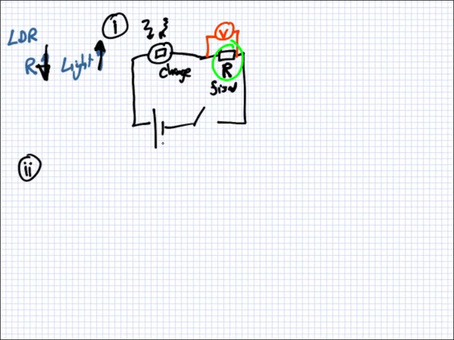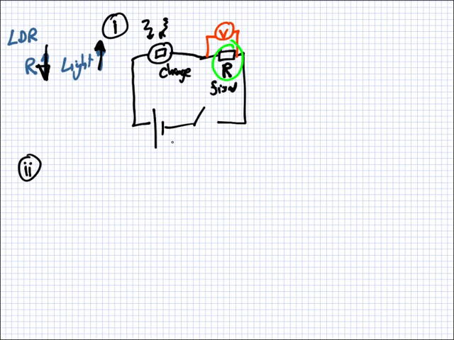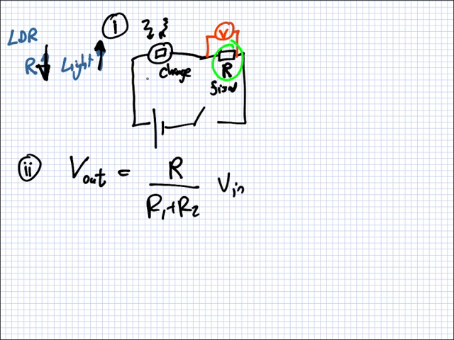So, let me just call this here. You remember your formula, V out equals R2 over R1 plus R2 times V in, and this one is like R1, and this one is like R2, and on the top is R2.